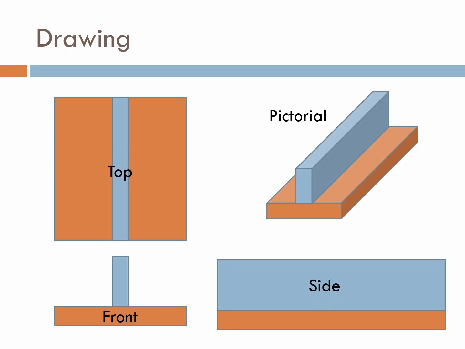All right, so let's get something a little easier to look at. So here we have a basic pictorial of a T-joint. Now, if I gave you a T-joint and said, draw me an orthographic projection of a T-joint, what you want to do is say which view gives me the most information about what I'm doing.